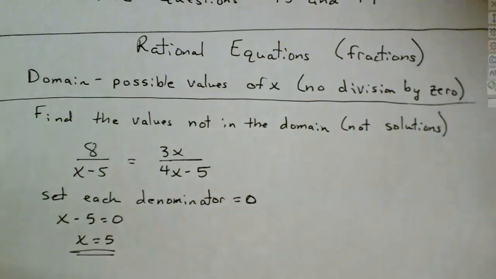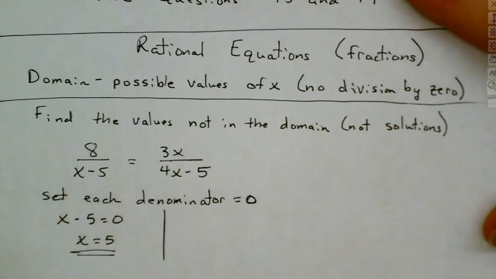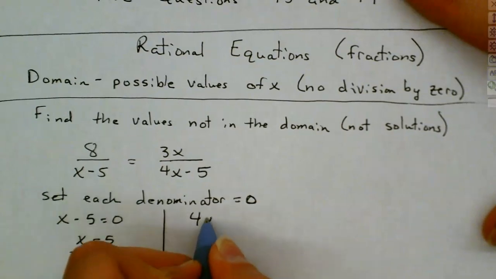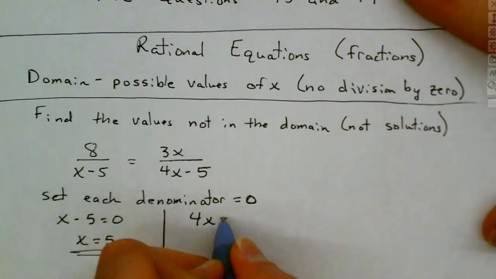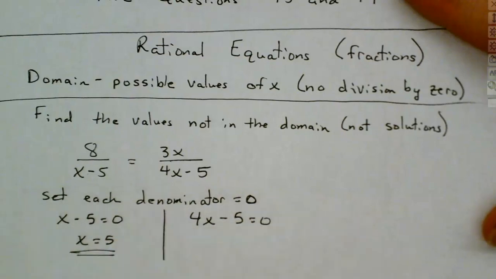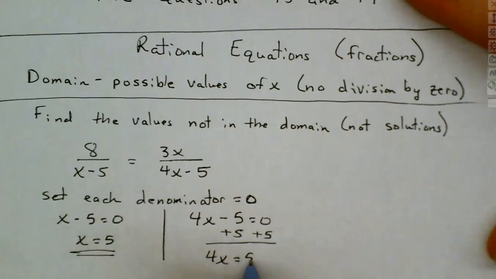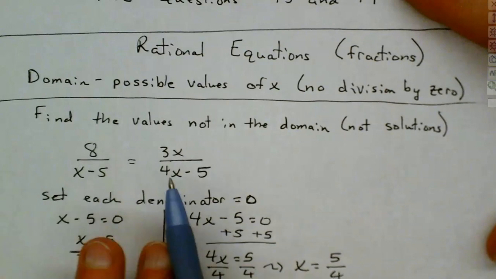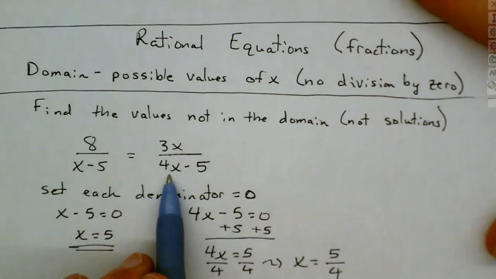What about the other one? And there's going to be 2 solutions that aren't in the domain. One from that. What about the other one? 4x minus 5 equals 0. Okay, so we'll move that 5 over. So 4x equals 5. Divide by your 4. So what's the other value that will not work? 5/4. Because that would also give you division by 0 here.